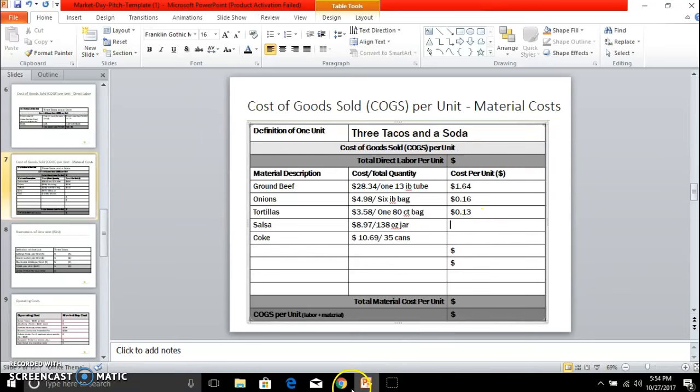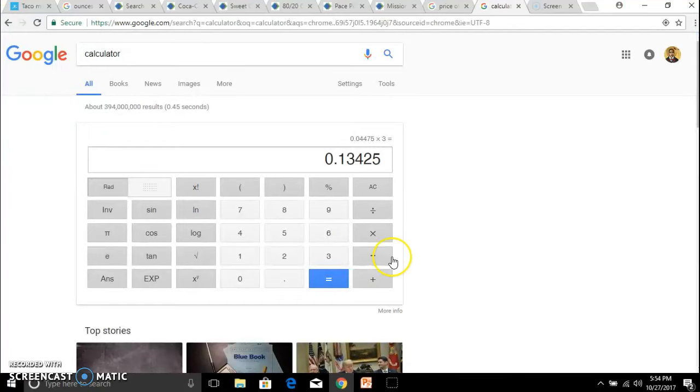Salsa, now this one's very easy. They give it to you in a 138-ounce jar. So we divide $8.97 by 138, so it's about 7 cents per ounce.